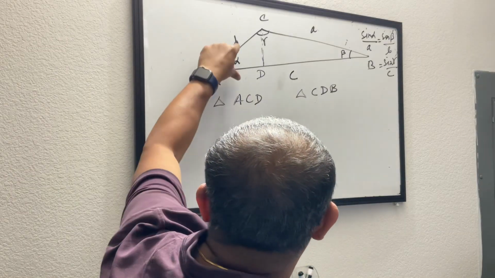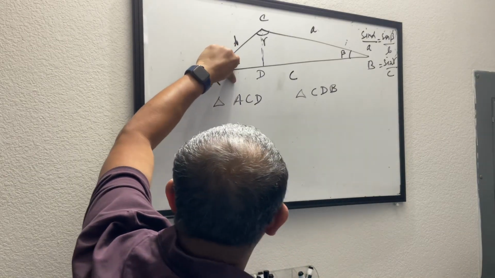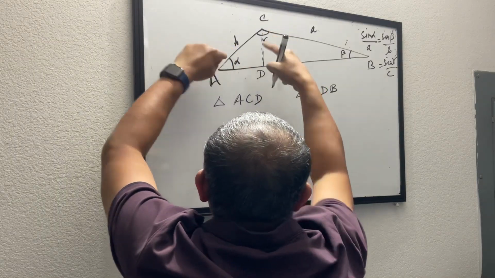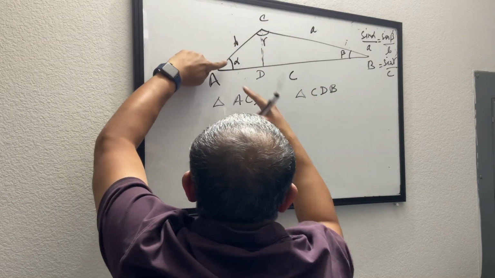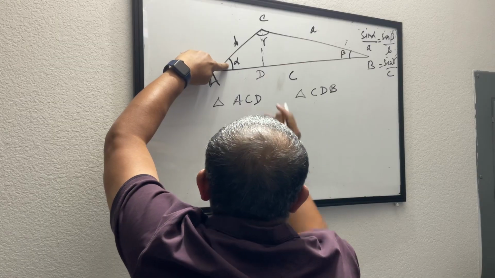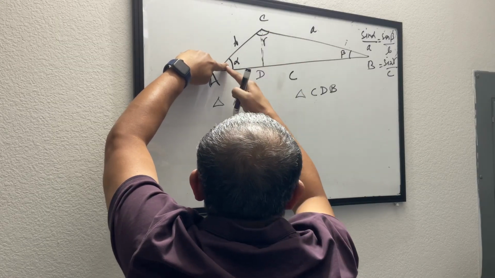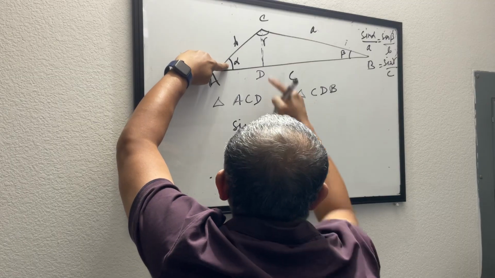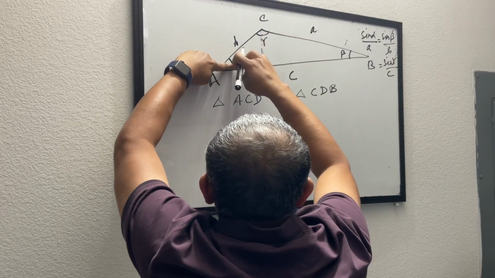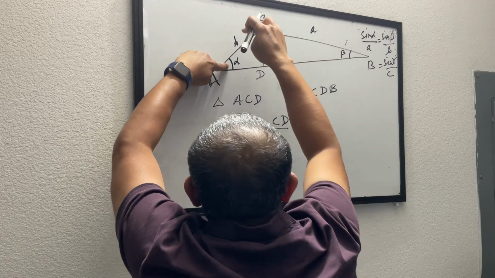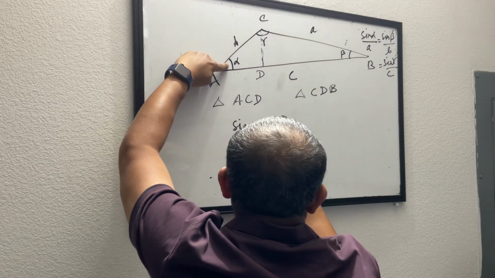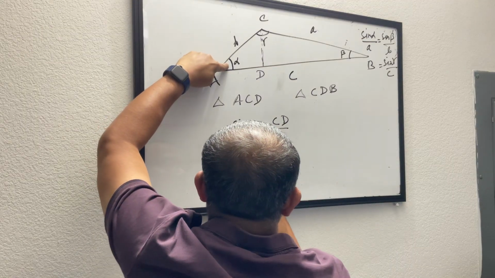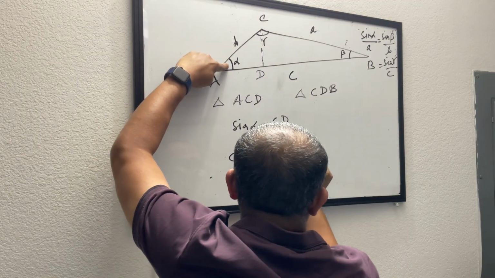Here in this triangle, let's look at what is sine of alpha. I'm looking at this small triangle ACD. Because this is a right angle triangle now, sine of alpha will be this length CD divided by, as SOH-CAH-TOA says, opposite side divided by hypotenuse, which is B. So CD equals B sine alpha.